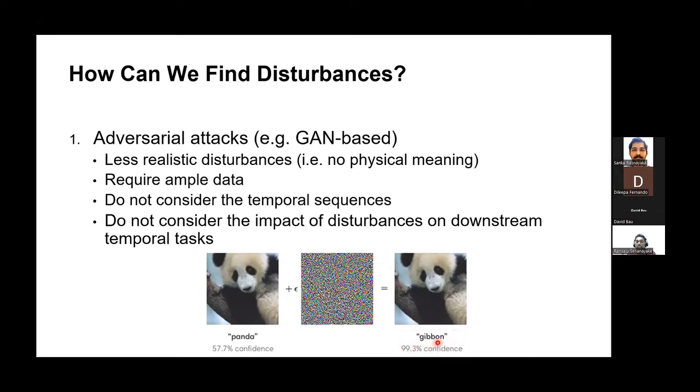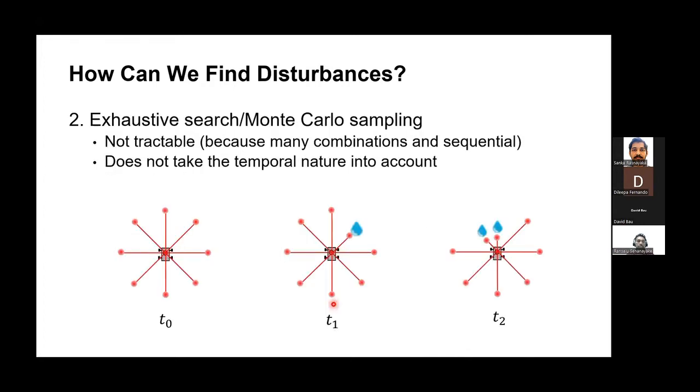In this case, what you are interested in is finding this noise so that the panda would result in a gibbon. Basically we are interested in finding this kind of noise, but it should be realistic and efficient and so on.